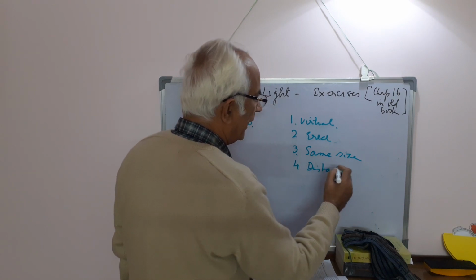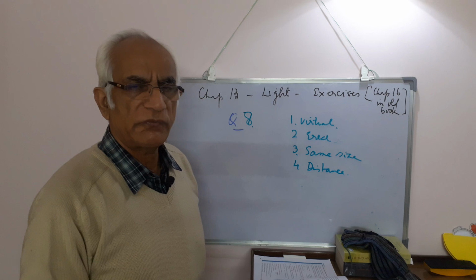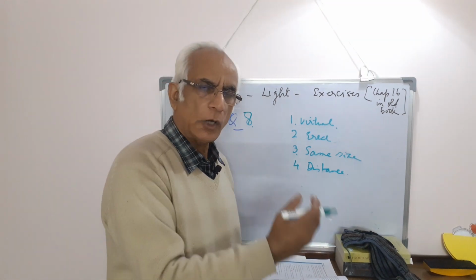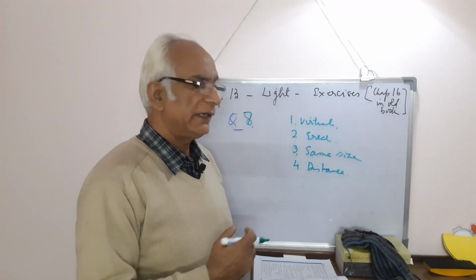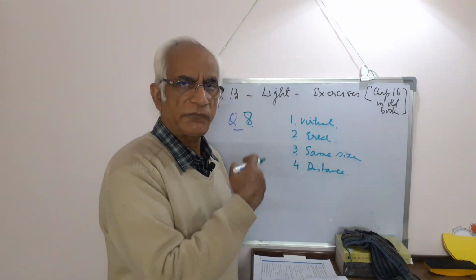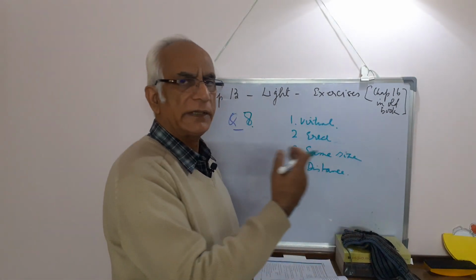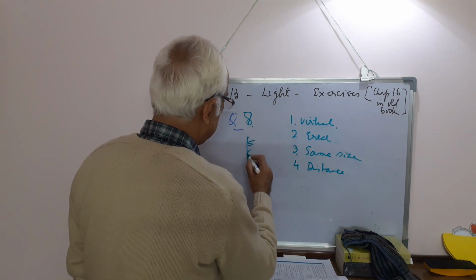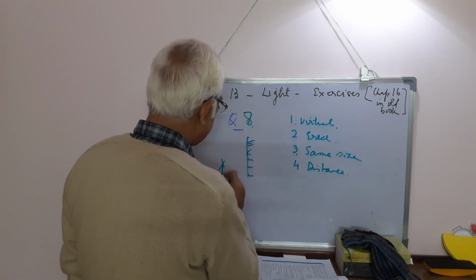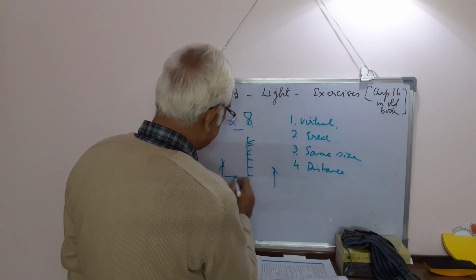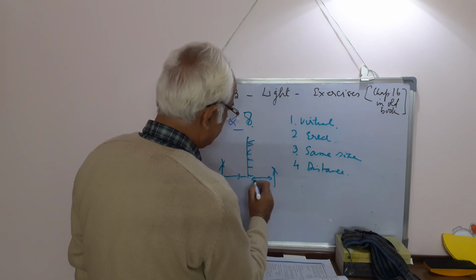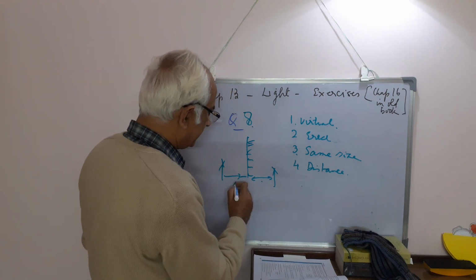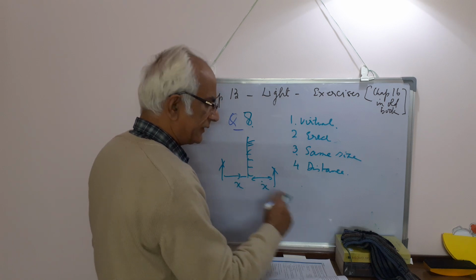And 4th is distance. It is as far behind the surface of the mirror as is the object in front of the mirror. This is the mirror, this is the object, this is the image, this distance is equal to this distance. Let us say this is x centimeter, this will be x centimeter.